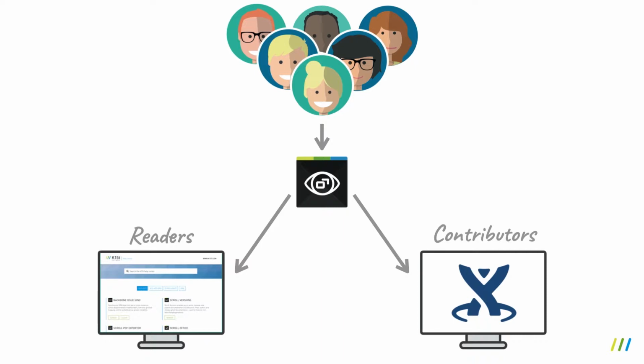You have access to the Confluence system itself, can work on the content, update the pages and curate the documentation, basically. Of course, as a contributor, you can also switch back and forth between the backend and the front end, so to say. So you can switch back and forth between the Confluence view and the Viewport view to see how your changes are actually displayed to the readers.